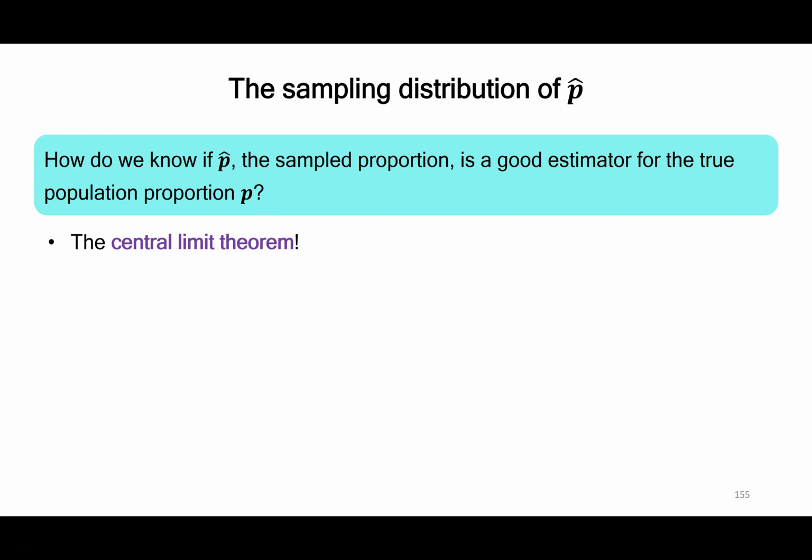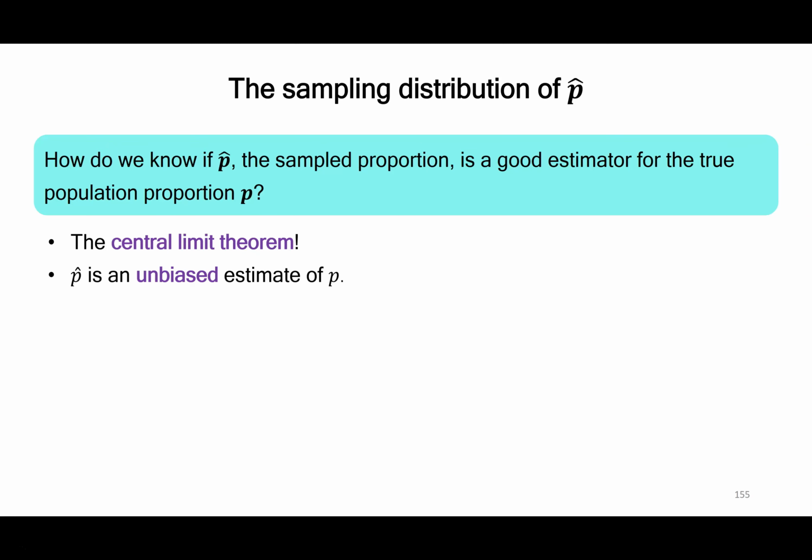So what I'm saying is if I took all unique samples of 50 from a population and I calculated the sample proportion from all of them, I would know where that distribution of all the p hats that I could get would be centered, and I'd roughly know how it should be spread out, thanks to the central limit theorem. Well, given that a sample of 50 is big enough.